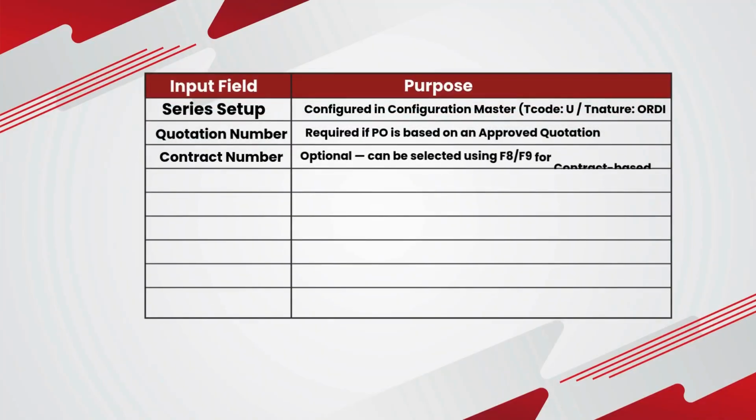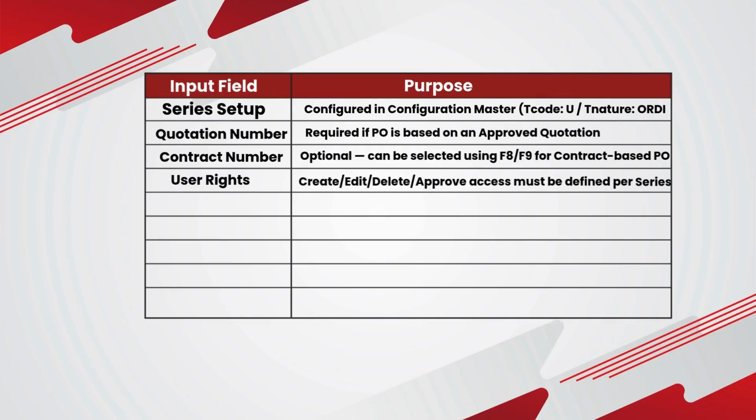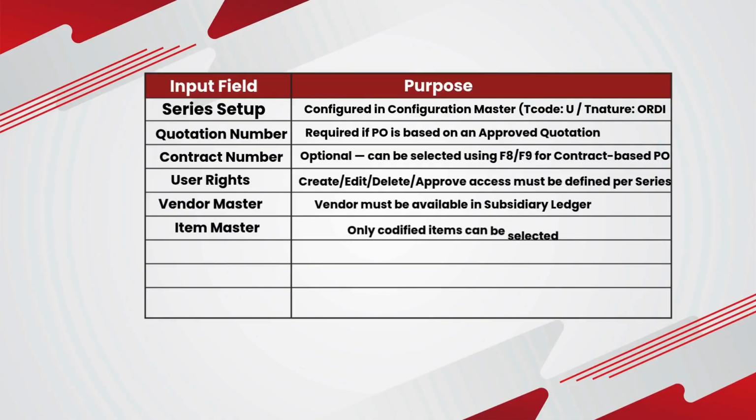Contract number: optional, can be selected using F18 and F9 for a contract-based PO. User rights: create, edit, delete, approve access must be defined per series. Vendor must be available in the subsidiary ledger. Item master: only codified items can be selected.